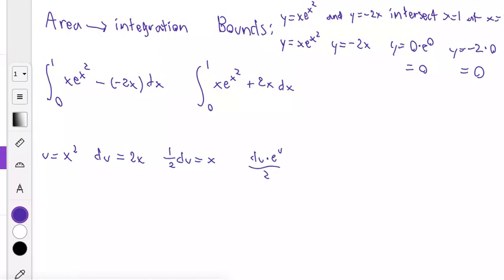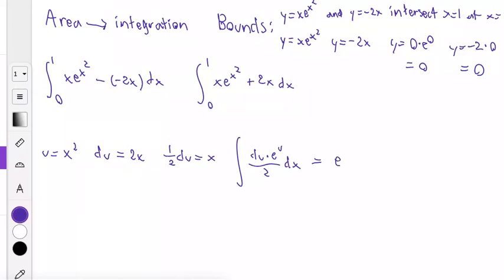When differentiating e to the x, for example, you don't have to bring anything down. In this case, we're integrating e to u, so also we don't have to bring anything down or change it. So this just becomes e to the u over 2, which is e to the x squared over 2.